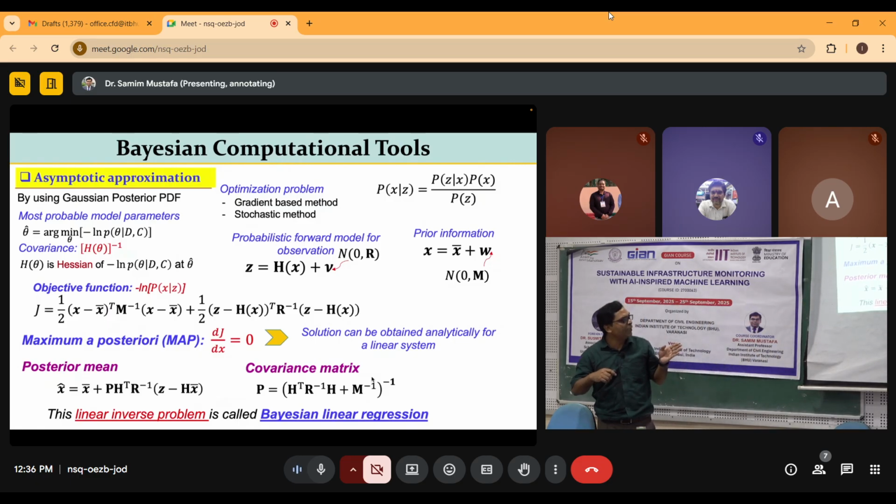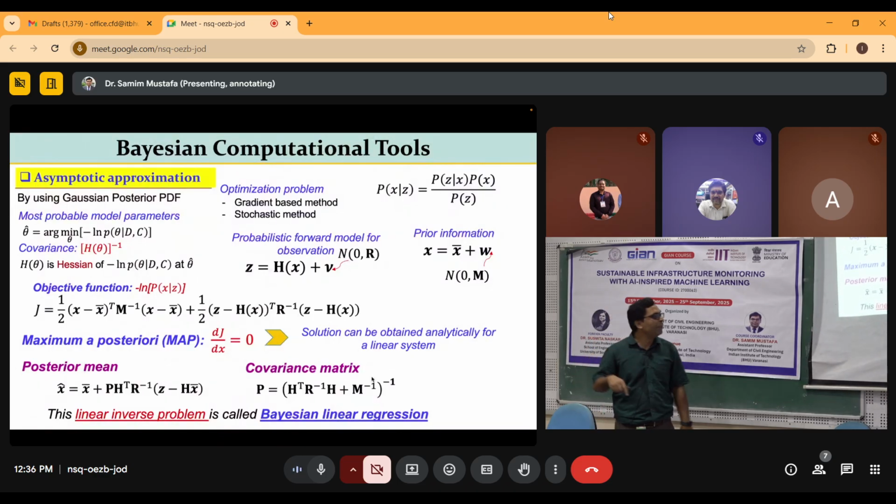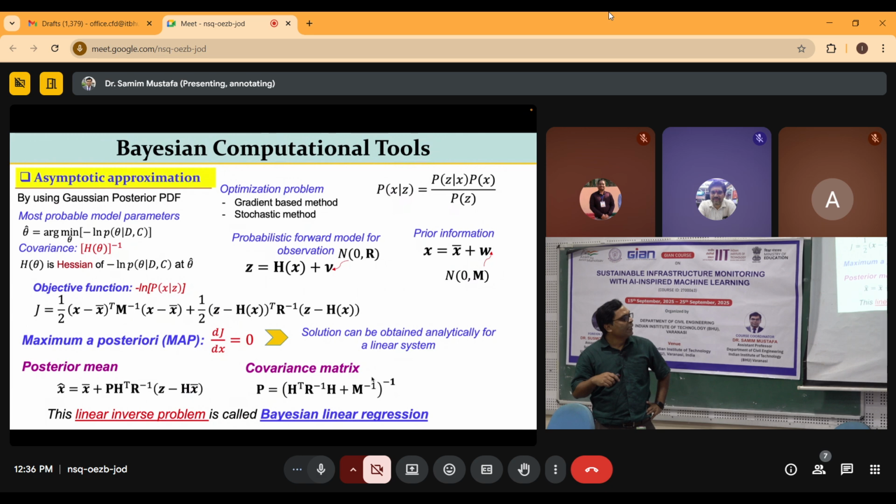I should have represented it by theta only, because here I changed the abbreviation of the parameter. So here it is a linear system. I can easily write the observed equation like this, and this is the prior equation where there is a definite mean of the prior and there is some uncertainty in modeling error.